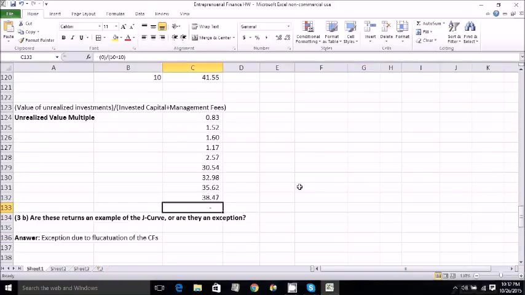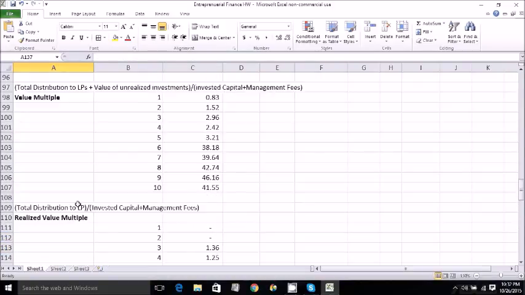To answer question 3b, which reads, are these returns an example of the J-curve, or are they an exception? I am saying they are an exception due to the fluctuation that we see in the cash flow.